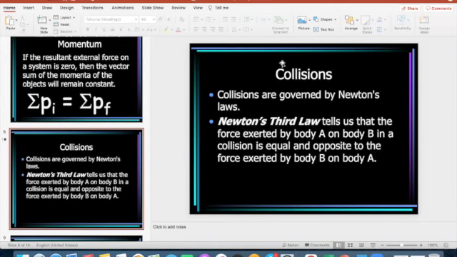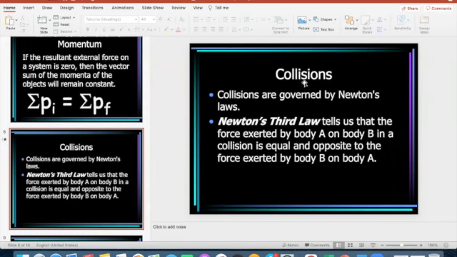So Newton's third law tells us that the force exerted by body A on body B in a collision is equal and opposite to the force exerted by body B on body A. So that's Newton's third law of motion, and it pertains to collisions between objects.